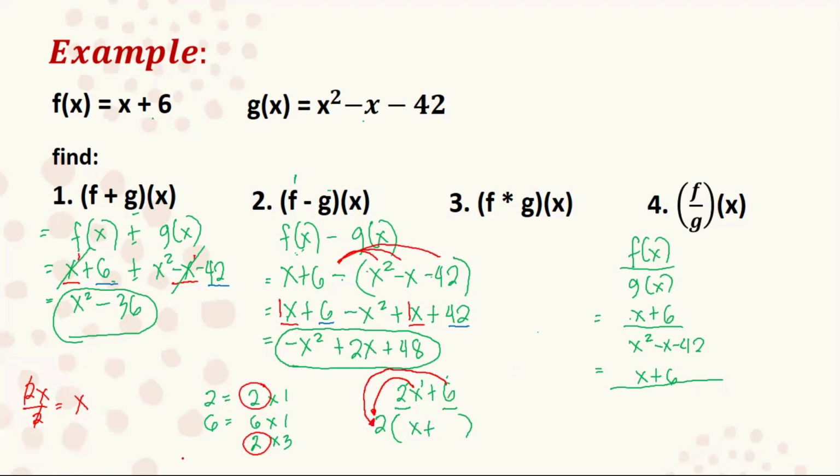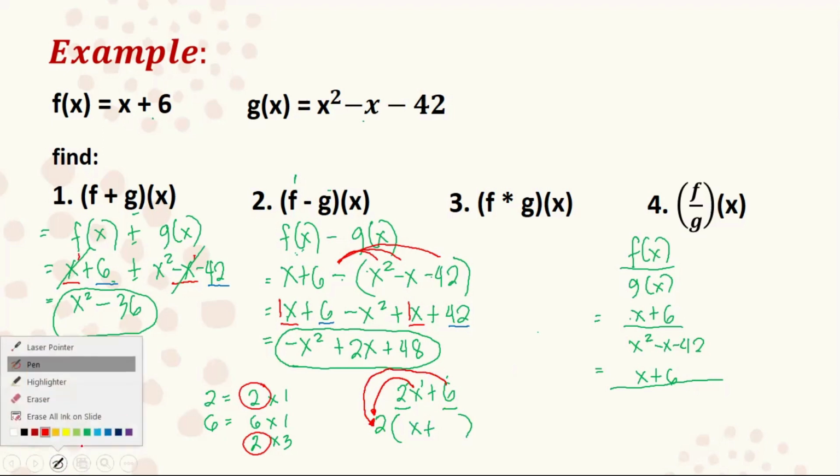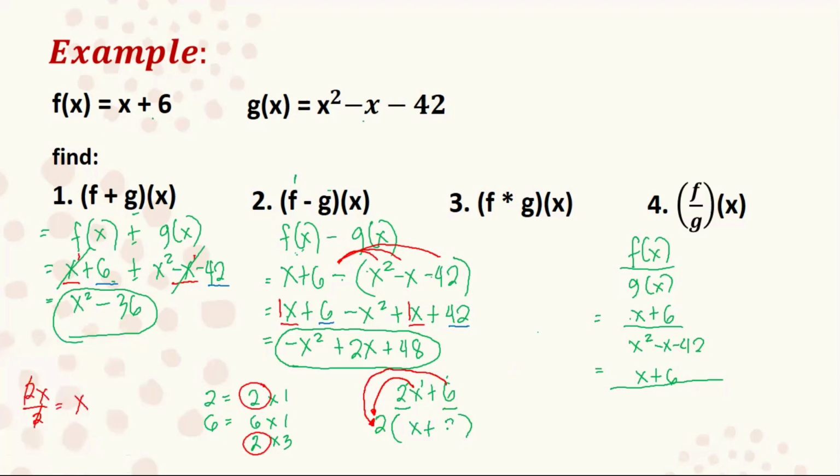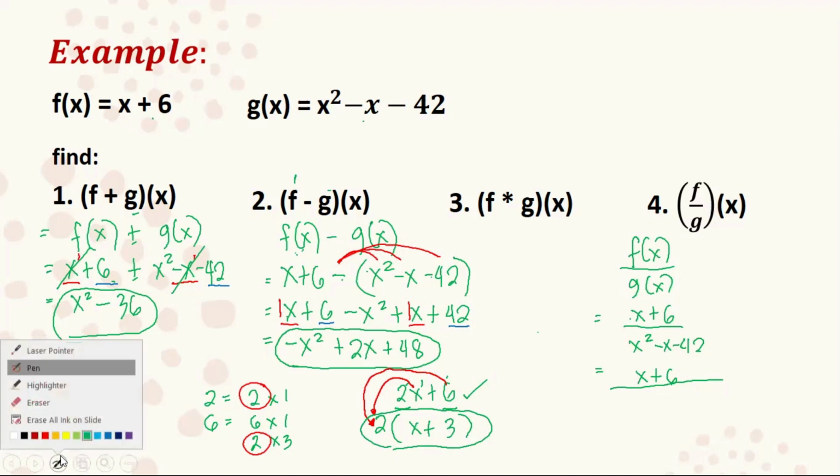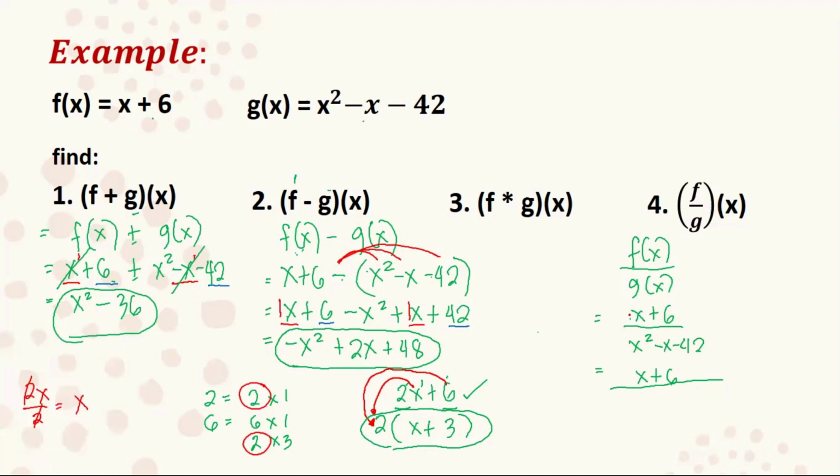So 6 divided by 2 is 3. So this is now the factors of this expression. Pero in this case, class, since wala namang common factor, si numerical coefficient ni x, and then si 6, wala siyang factors. That's why we only copy x plus 6 here.